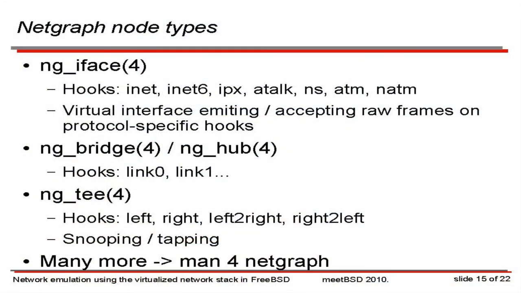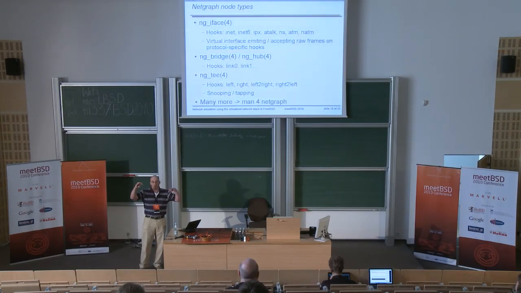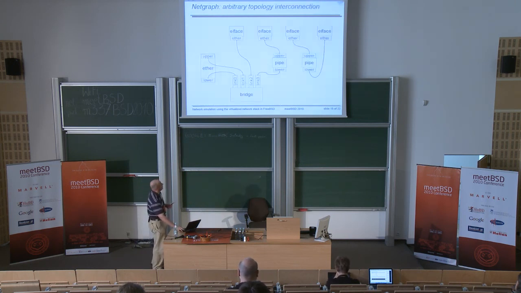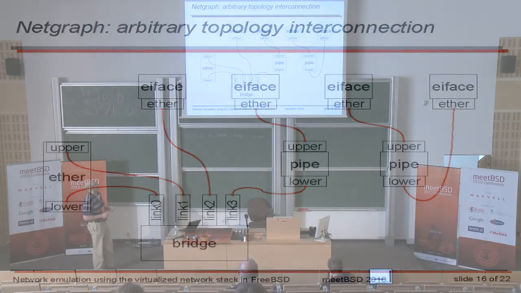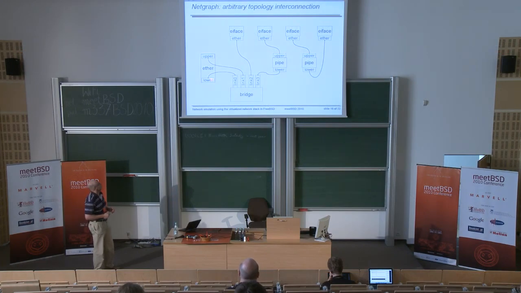So basically, by interconnecting netgraph nodes, we can construct an arbitrary topology with netgraph and virtual network stacks. Here's a possible scenario of how netgraph nodes can be connected. We can have an ether node which might be attached to, say, our em0 or bge0 physical Ethernet interface.